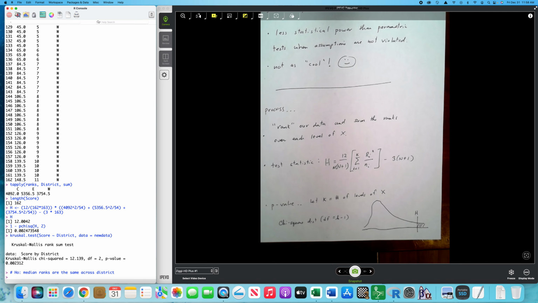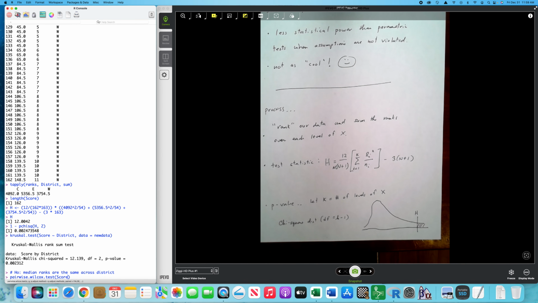Now, since we have this model that is statistically significant, I'd want to follow up with a pairwise test. So I'm going to use the pairwise Wilcox test. Now, the Wilcox is the independent samples t-test, well, actually, it's a dependent samples t-test, but this allows us to conduct the post hoc.